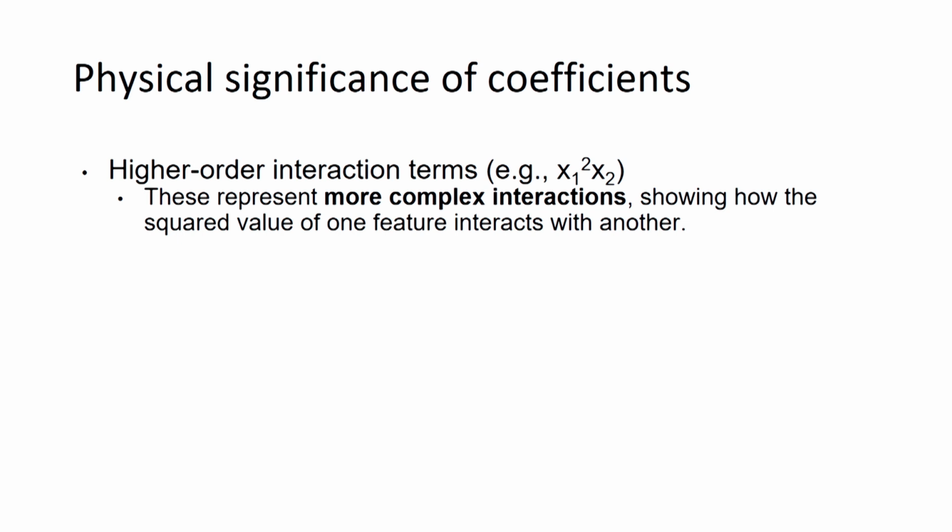You see, x1 square x2 gives you the interaction of x1 square and x2. This shows how the squared value of one feature interacts with another feature. So, the coefficient of that gives you information regarding this complex interaction of x1 square and x2.